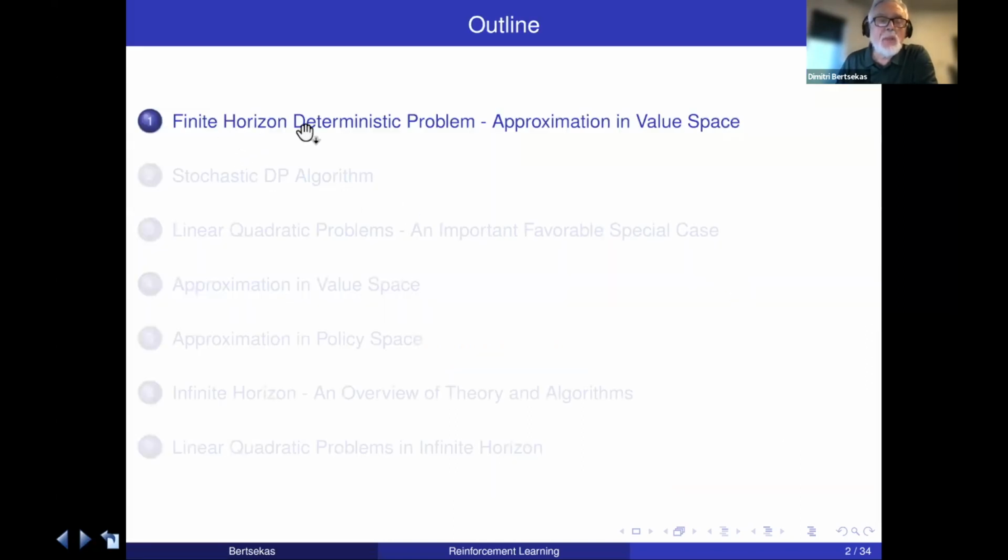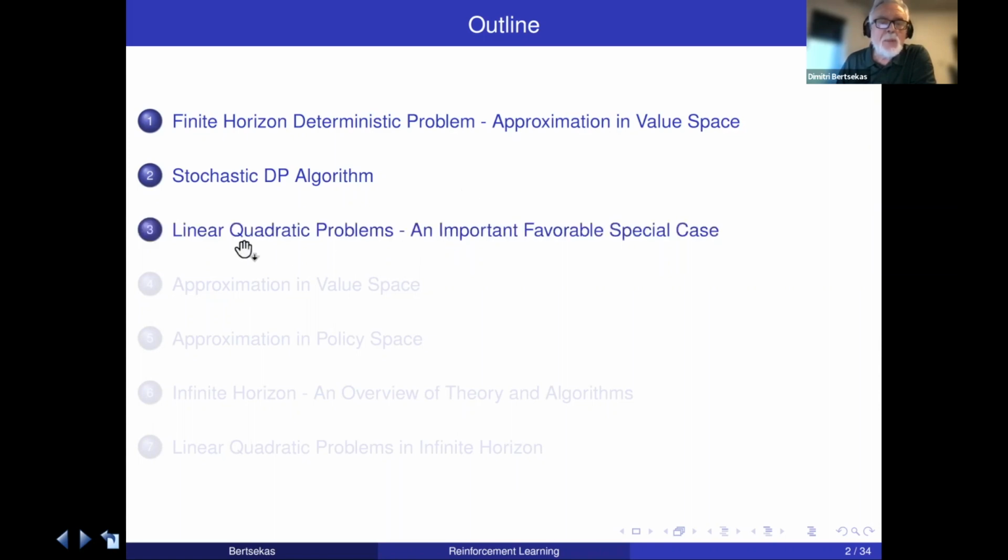So we're going to do a little bit of review of the dynamic programming algorithm for deterministic problems, and also discuss methods of approximation in value space. Then we're going to go into the stochastic dynamic programming algorithm.